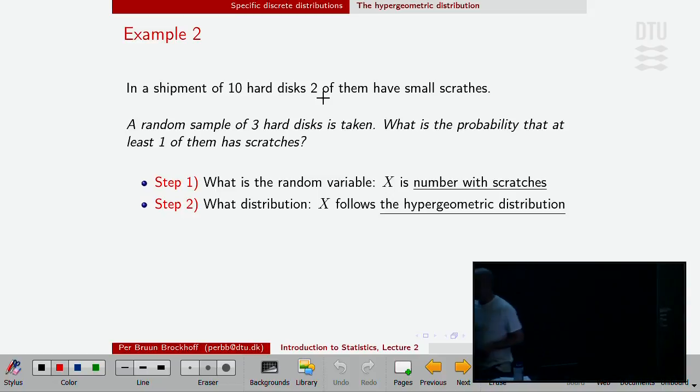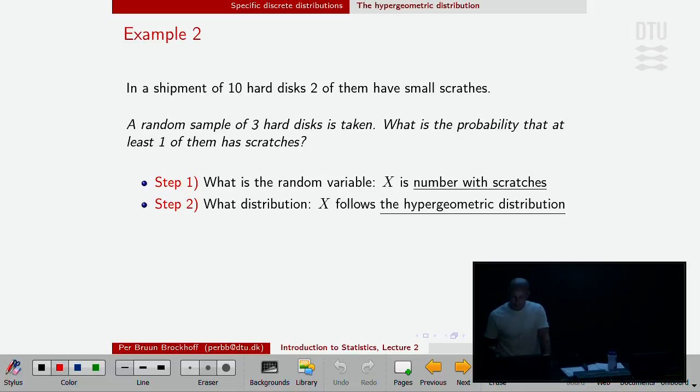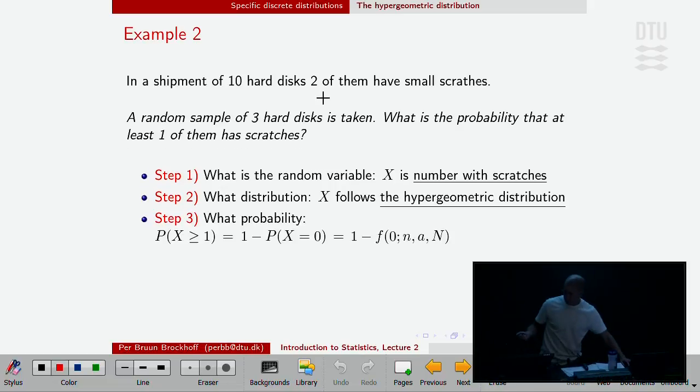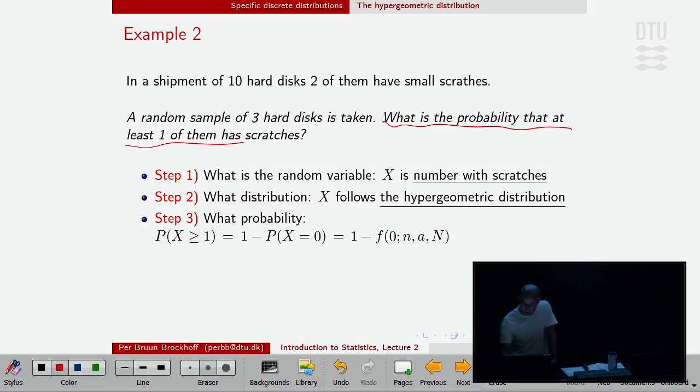Let me try to, without all this, here, how should I find, let me see how much I have actually. What is the probability that at least one of them has scratches? At least one means this, meaning that I have to go like this.